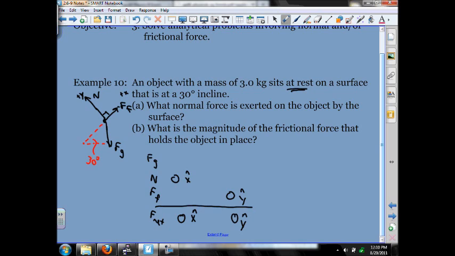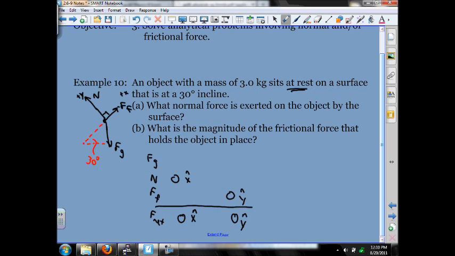What if it's moving, but moving at a constant velocity? It says it's sliding down the incline at 5 meters per second. What would the net force be? Not 5. Constant velocity. What's the acceleration? Acceleration is zero, right?